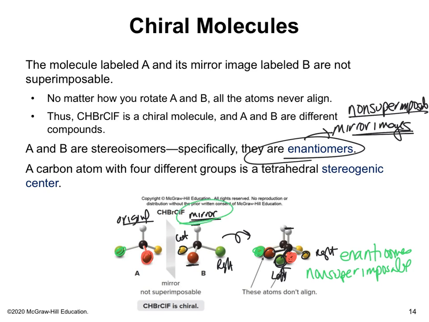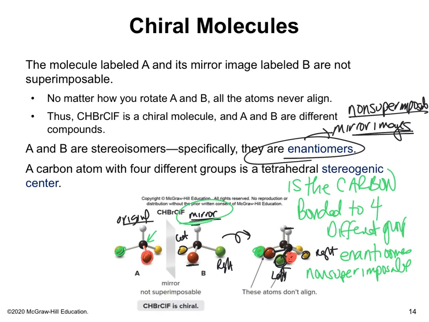How can I do that? Well, you ask yourself, is the carbon bonded to 4 different groups? I say groups on purpose because you're going to have to look at each group as a whole. So let's look. The carbon is bonded to a yellow, a red, a green, and a white.